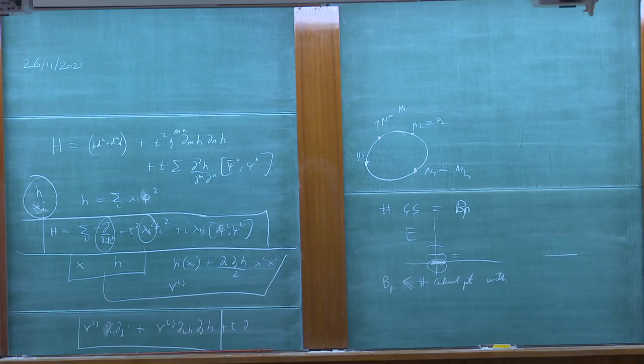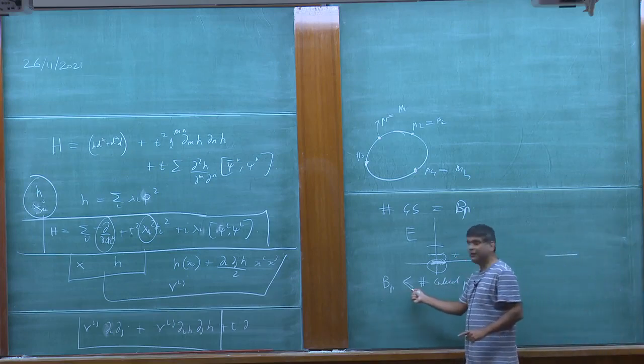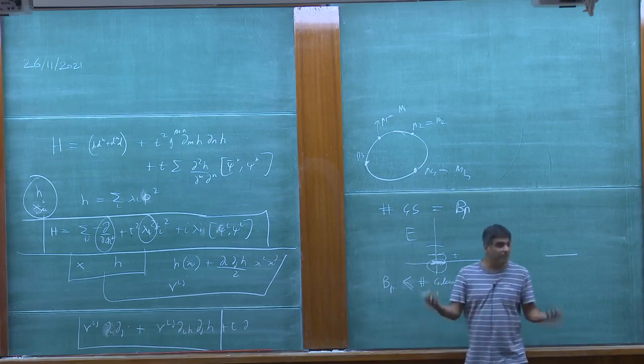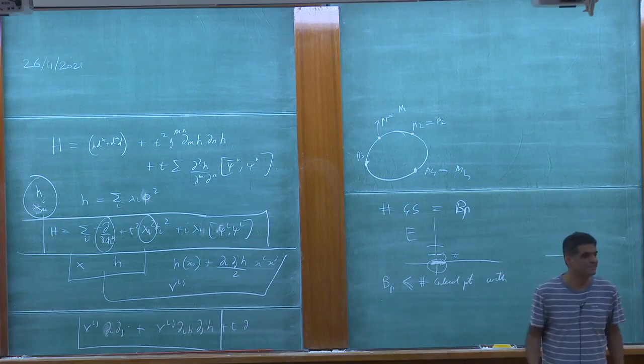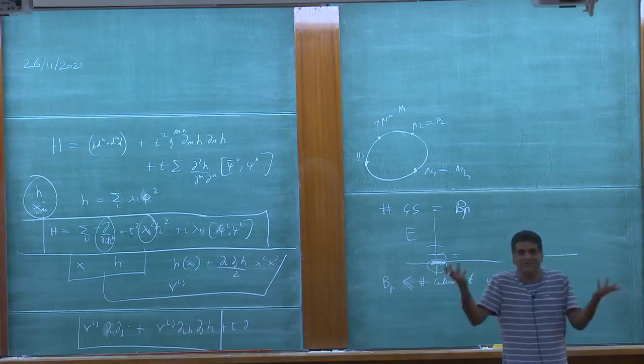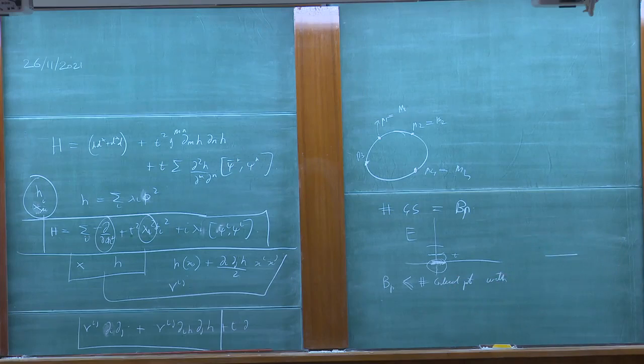Okay? So, the Betti number must be less than or equal to the total number of critical points with p unstable directions. This is a remarkable kind of inequality, right? It's telling you that if you write down any function on a manifold, I know the topology of that manifold. Therefore, I know its Betti numbers.